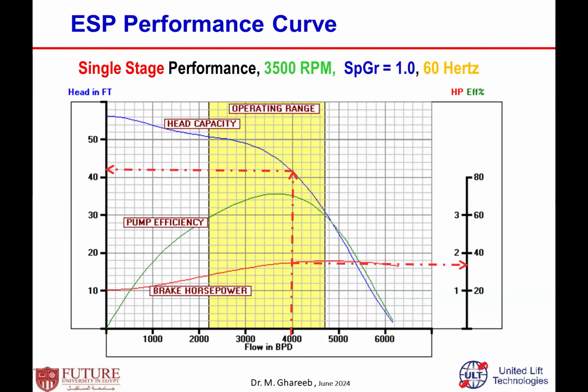At that rate, each one of these stages requires about 1.8 horsepower. Then each stage will produce 42 feet, while requiring 1.8 horsepower. This pump is running at around 70% efficiency, as a pump mechanical efficiency.